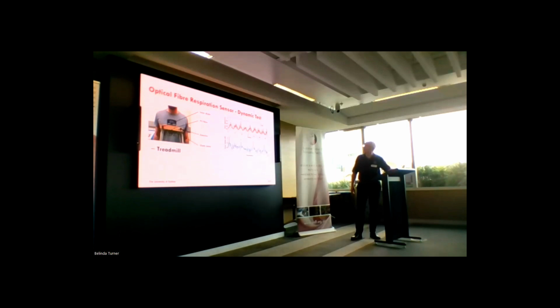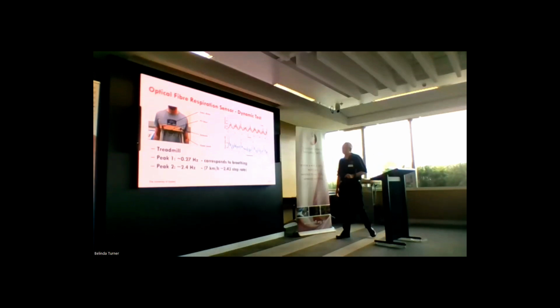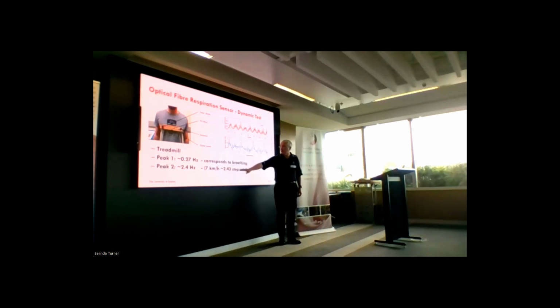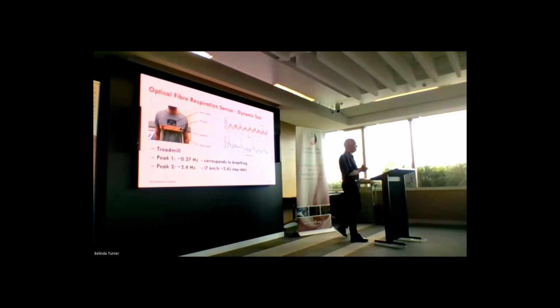When you take a Fourier transform of this, you get several peaks. That first peak corresponds to the breathing, about once every 4 seconds. The second peak, interestingly, corresponds to his footfall, measuring his gait. Knowing that he was running at 7 kilometers an hour, that was how regularly his steps were happening.